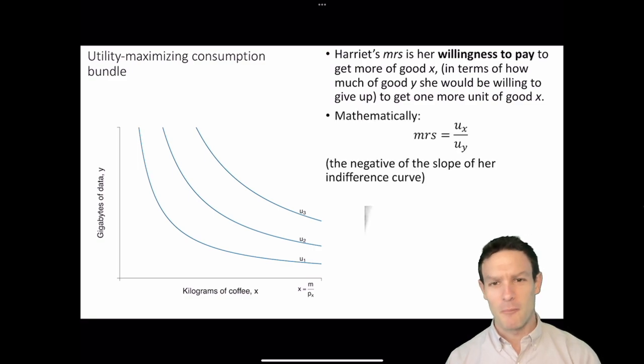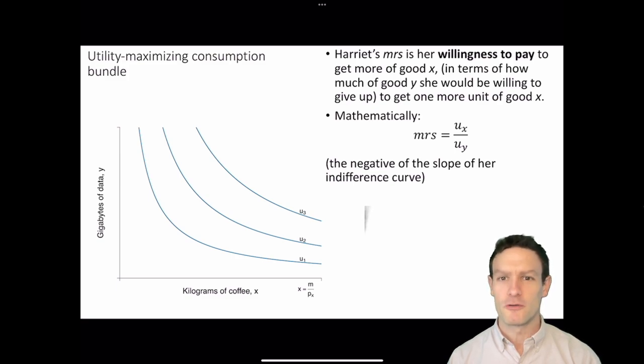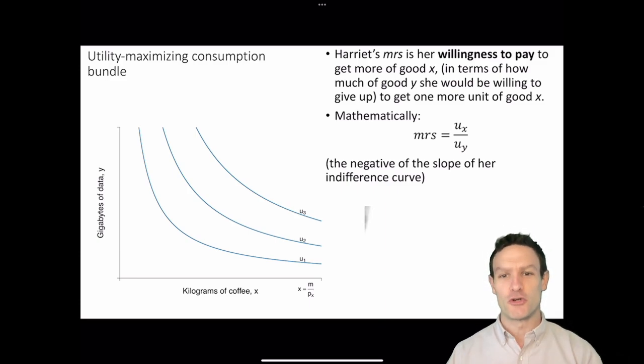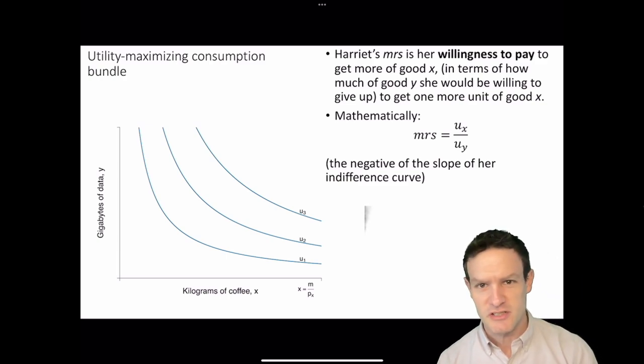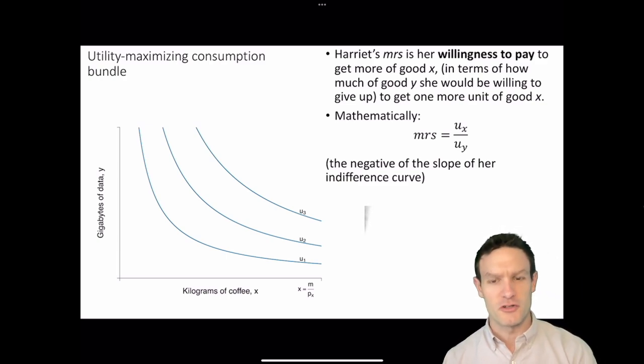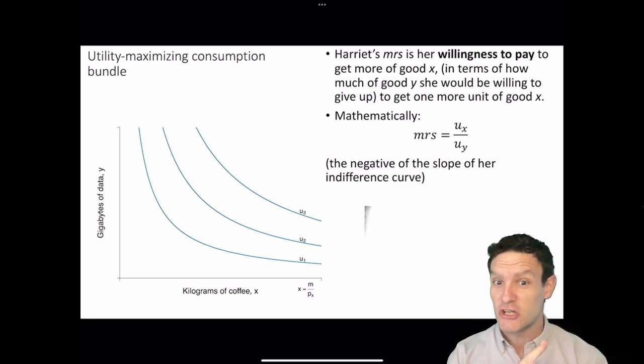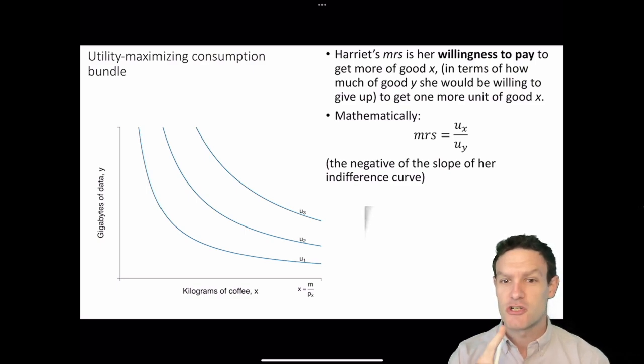So, a reminder, Harriet's marginal rate of substitution is her willingness to pay to get more of good X in terms of how much good Y she would be willing to give up to get one more unit of good X. Okay, so mathematically this is the ratio of the marginal utilities. It's the marginal utility of X divided by the marginal utility of Y, and that's the negative of the slope of her indifference curve. Now what we want to remind ourselves of is the condition that tells us when Harriet will maximize her utility.